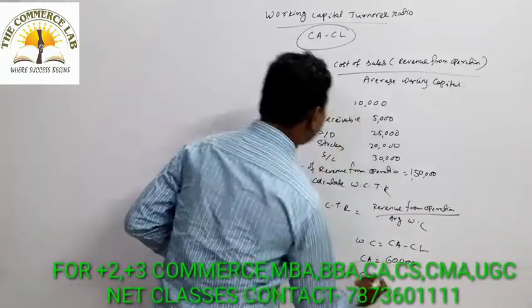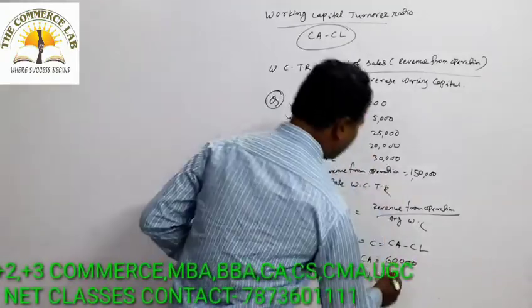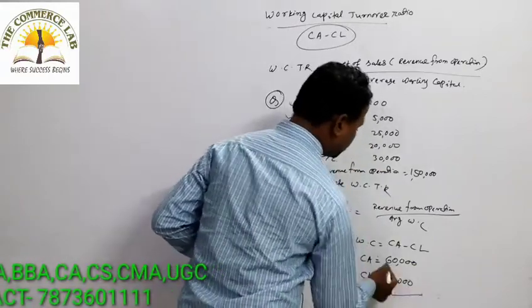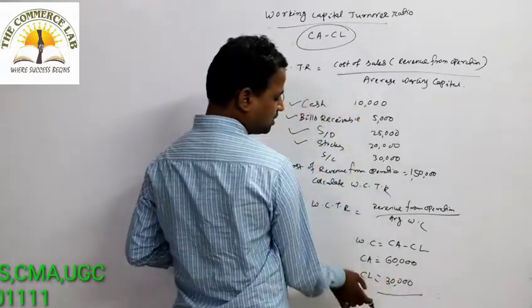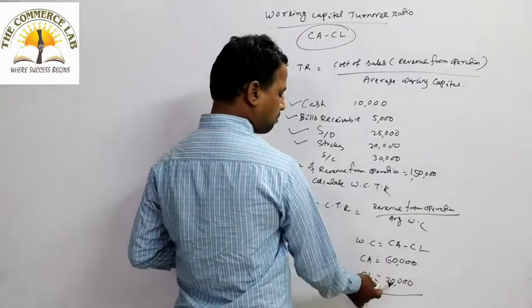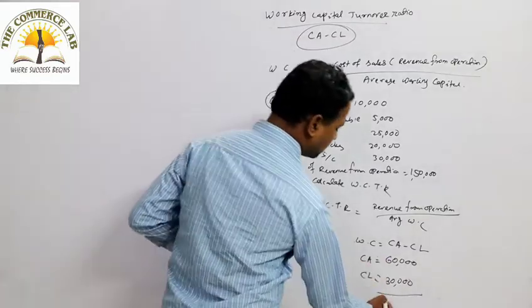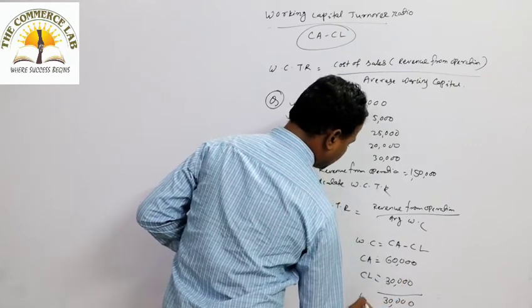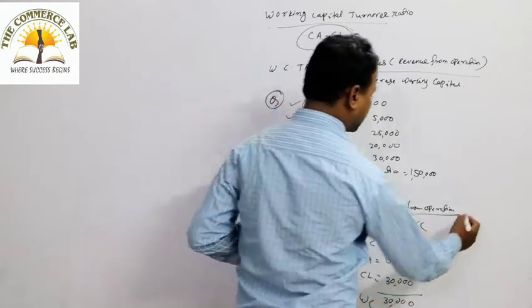And what is the current liability? We have only sundry creditors given in the question, that is 30,000. So we subtract this current liability from current assets. 60,000 minus 30,000 is 30,000, which is your working capital or average working capital.